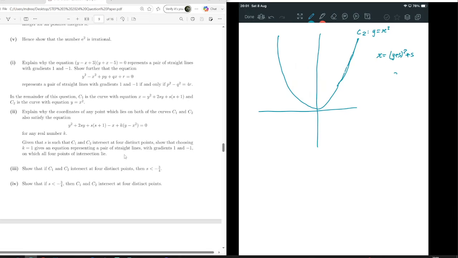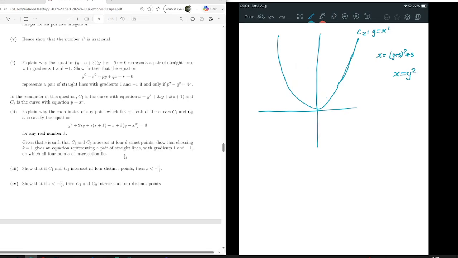So if this was just x equals y squared, it will be a quadratic of x in y squared, so it's kind of the wrong way round.